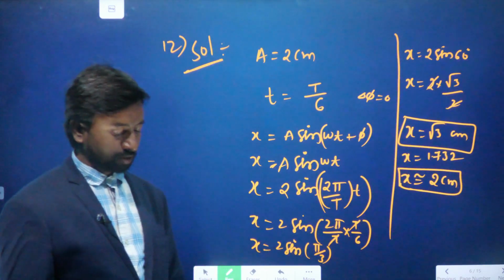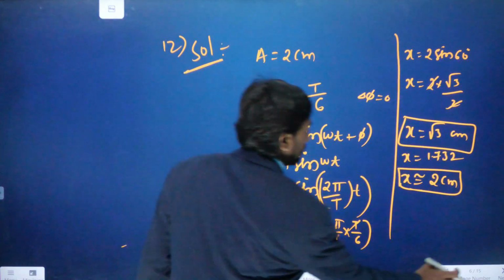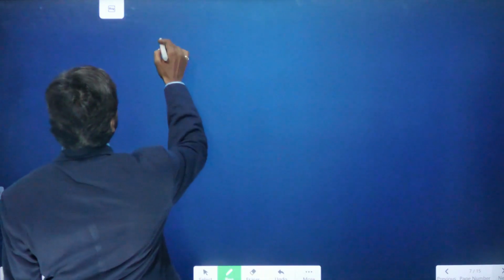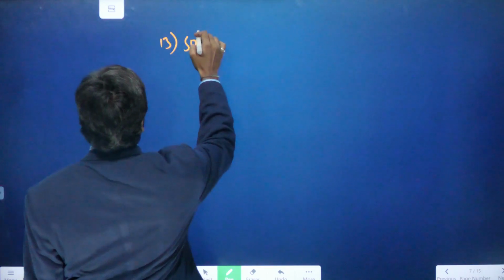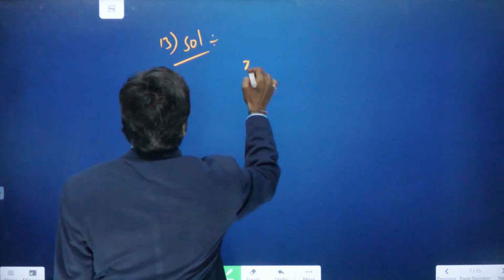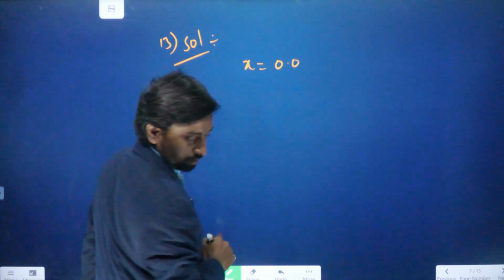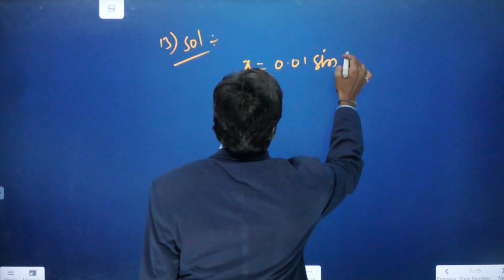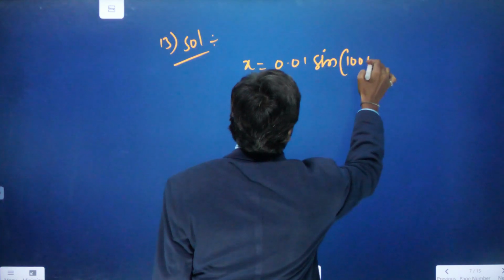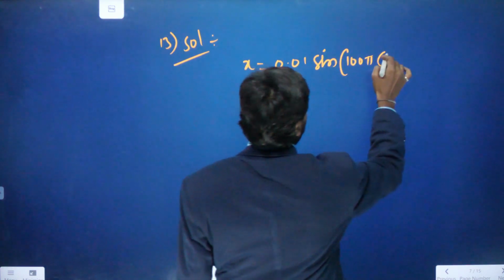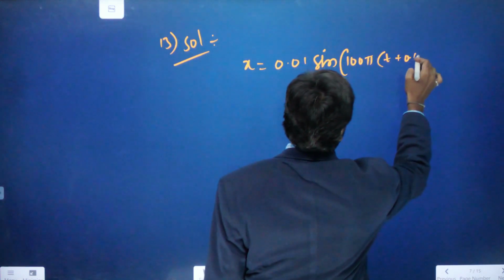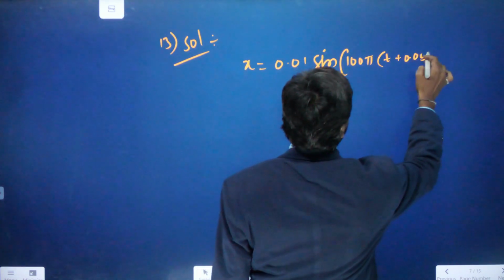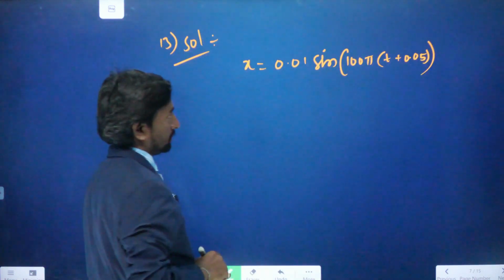So here the displacement equation is given, that is x is equal to 0.01 sine of 100 pi t plus 0.05. That is the equation.